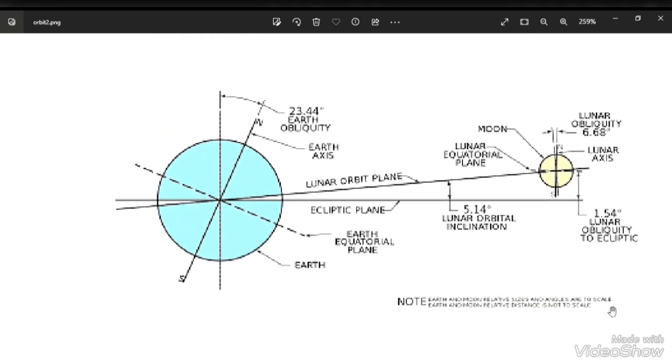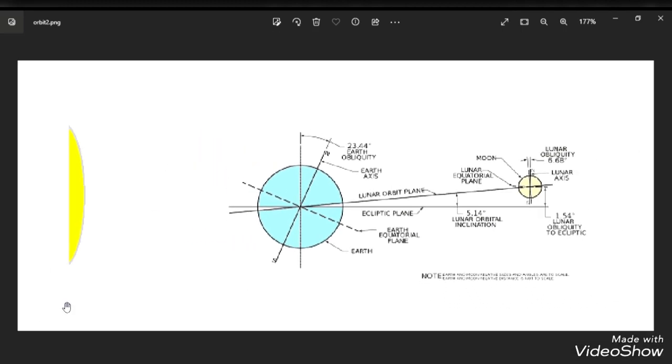Okay, let's start with this simple diagram. We have the sun here, the earth, and the moon.